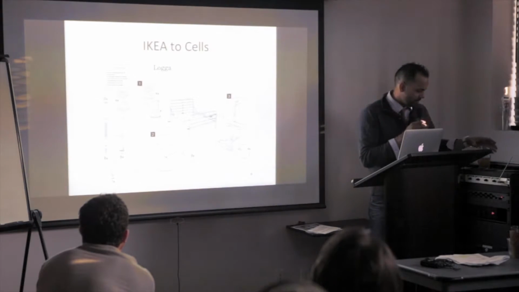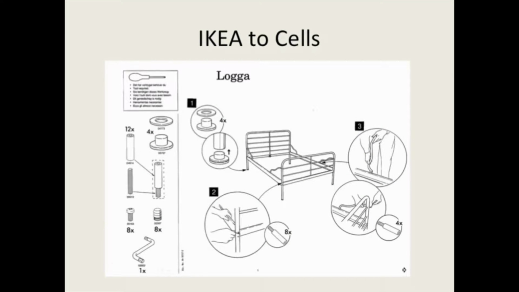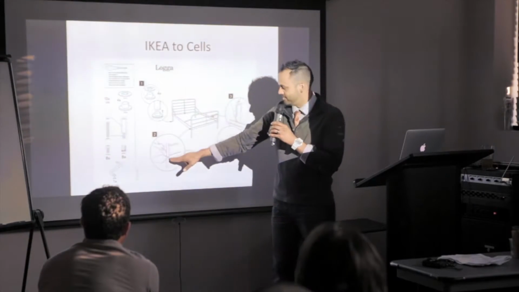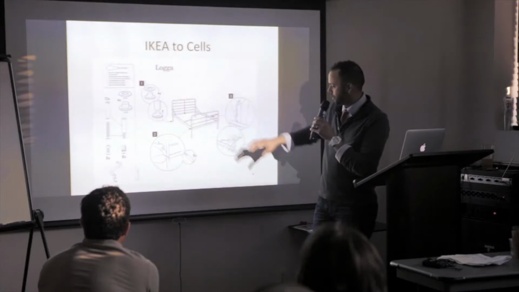Now, I promised you I'd talk about IKEA. And this is kind of what I've always thought about the cell. I think this is the bed that I owned prior to coming to grad school, but my wife and I bought another bed from IKEA. And what you can tell is this: you've got individual components that form complexes within the overall structure.